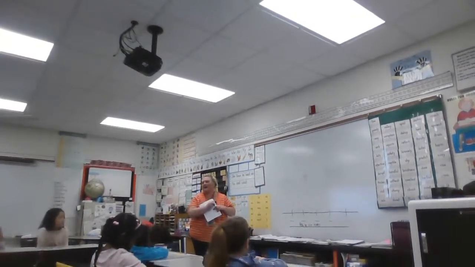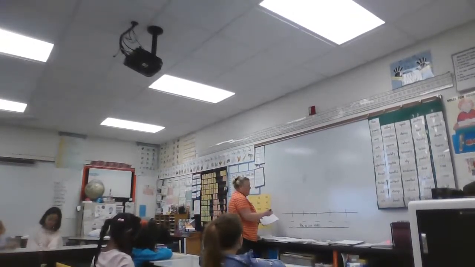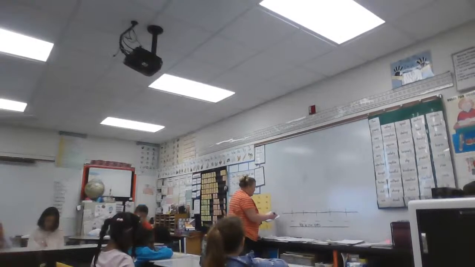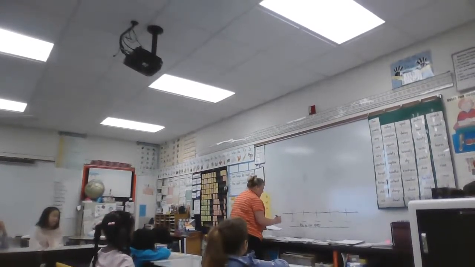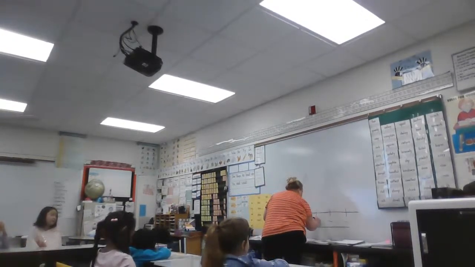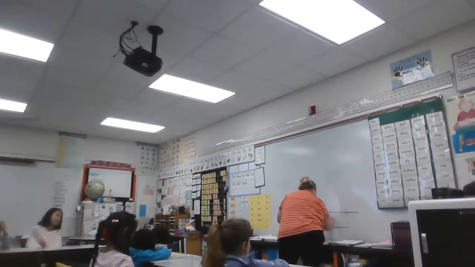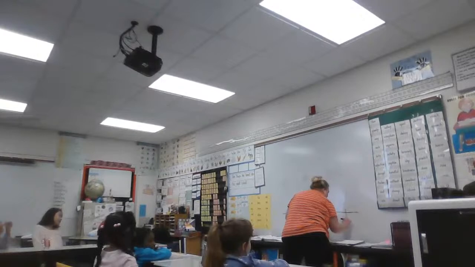Now we're going to put it into our line plot, our plot line. I make up my own words. So now we're going to put this into our line plot, okay? So we have some friends that have 0 pets. We have some friends that have 1 pet, 2 pets, 3 pets, and 4 plus pets.